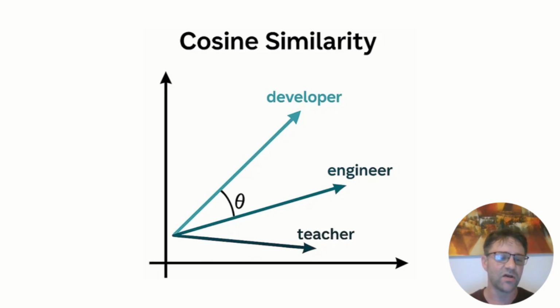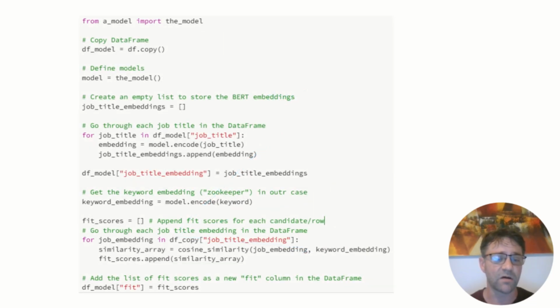The angle is telling us that both of these words, in this instance developer and engineer, are landing in the same area. If it's closer to 0, they're unrelated, and if it's closer to -1, then they have opposite meanings.